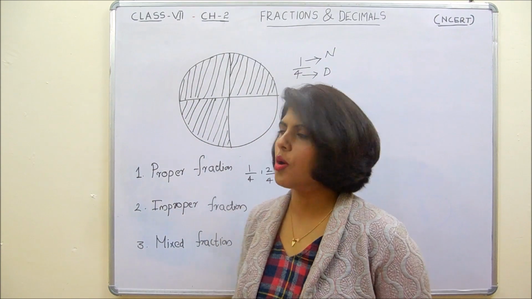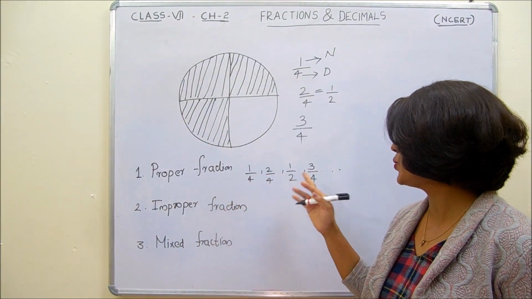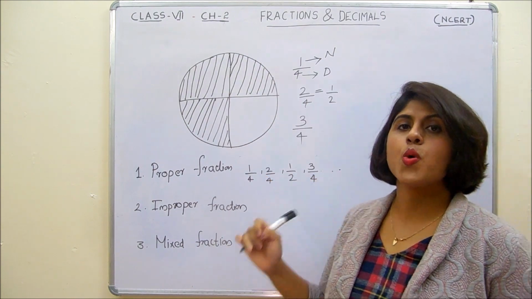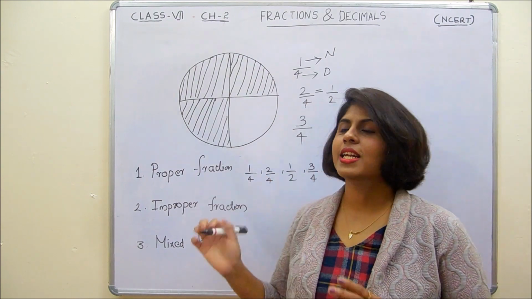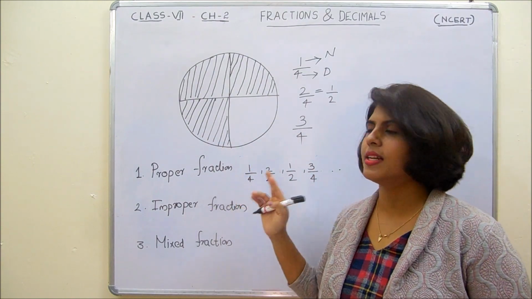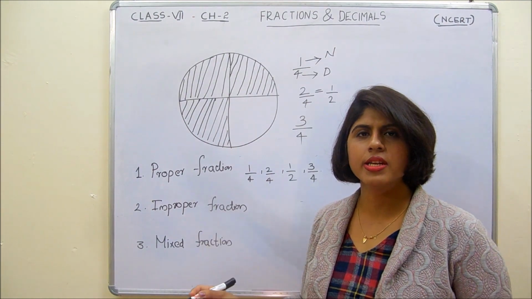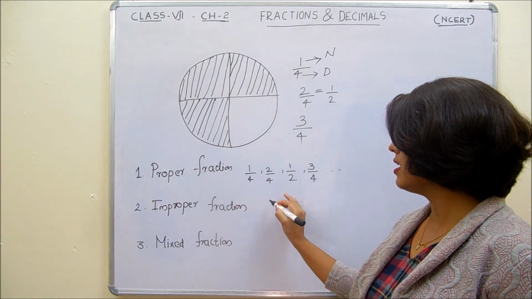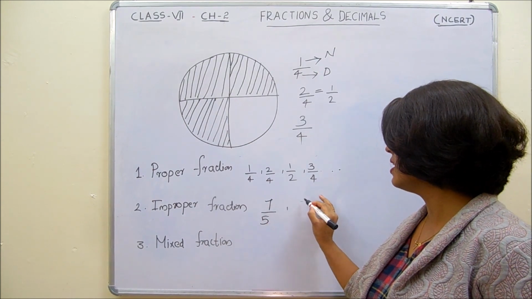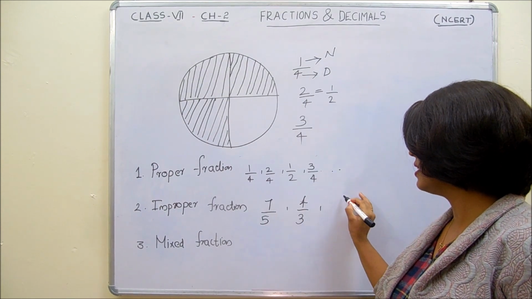And fractions of this kind, 1/4, 2/4, 1/2, 3/4, etc. are known as proper fractions. That is, in a proper fraction, the numerator is always less than the denominator. And what about improper fraction? In an improper fraction, the numerator is always greater than the denominator. Clear?